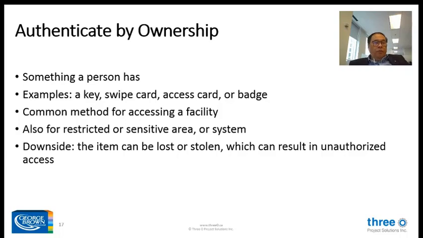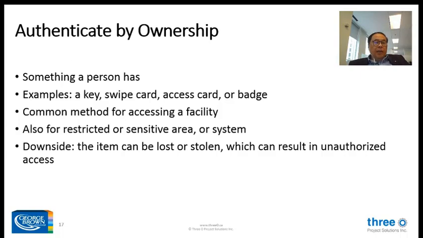Authentication by ownership. Okay. So this is something that the person has. So we talk about a key fob, a swipe card, access card, or a badge. Now the badge itself doesn't mean anything. The badge itself usually has maybe a, what do you call it, magnetic stripe, something like that, and so on.